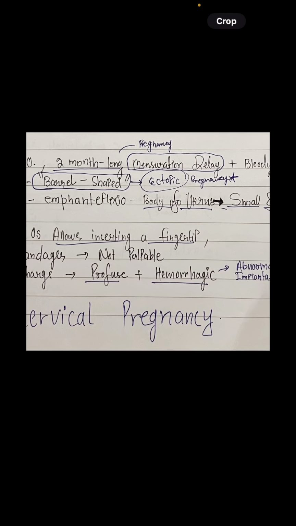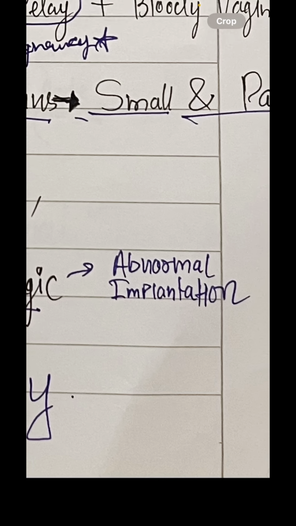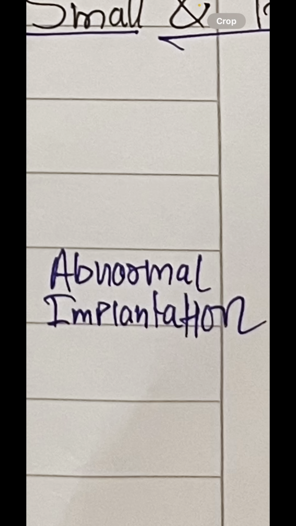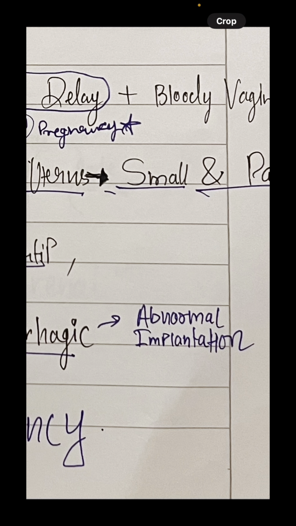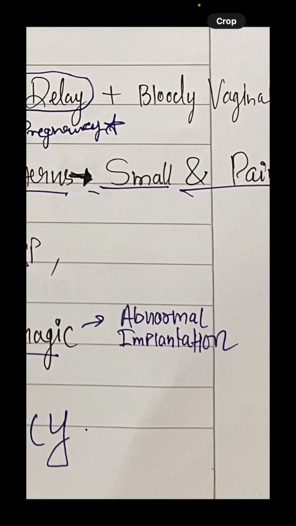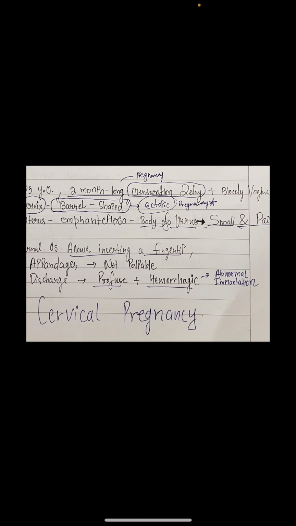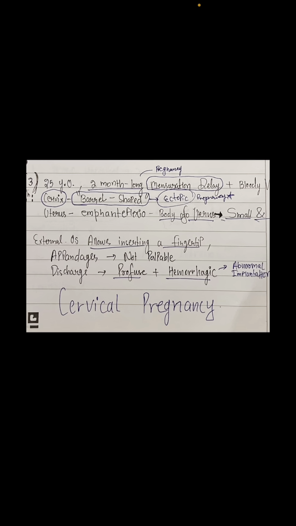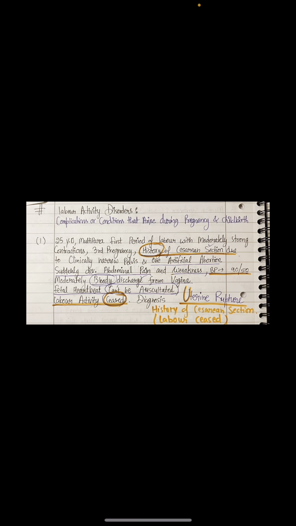The discharge is profuse and hemorrhagic, which is the result of abnormal implantation. Abnormal implantation means the zygote, instead of implanting on the lining of the uterus, has implanted somewhere outside the uterine cavity. So it is the case of cervical pregnancy. Let's go to the next patient.